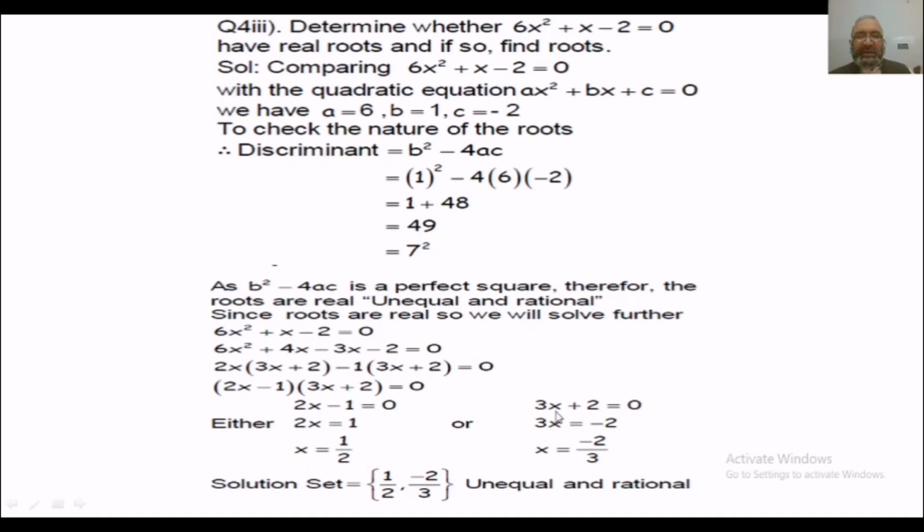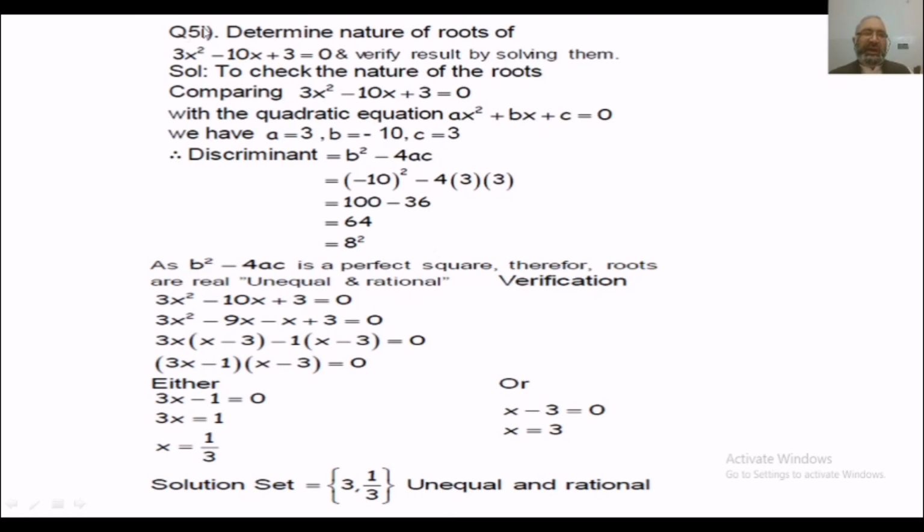Similarly, 3x is equal to minus 2, transposing 2 to the right hand side, divided by 3, we get x is equal to minus 2 by 3. Therefore, the solution set is 1 over 2 and minus 2 by 3. So by checking, the roots are unequal and rational, which is verified by solving this quadratic equation practically.